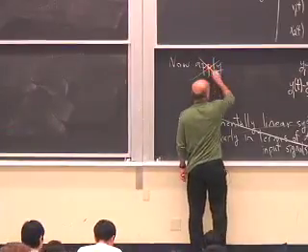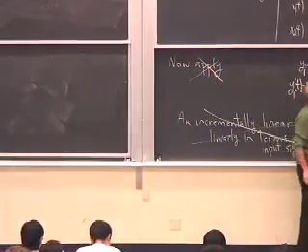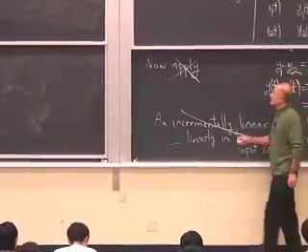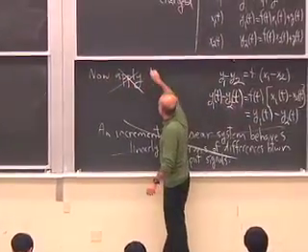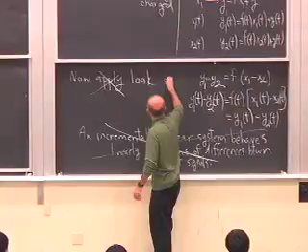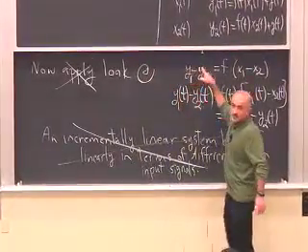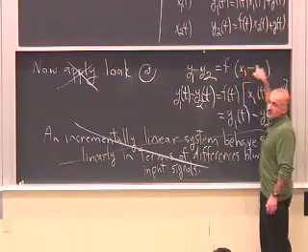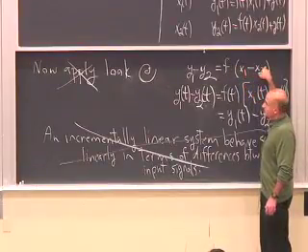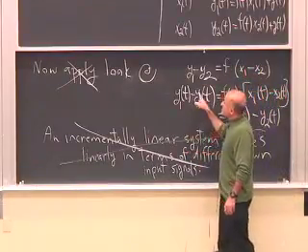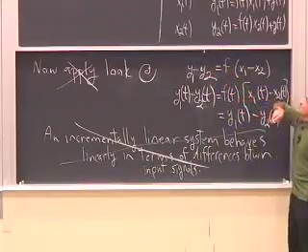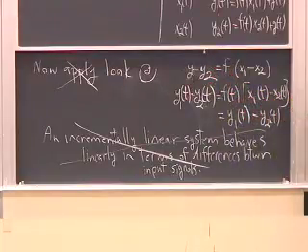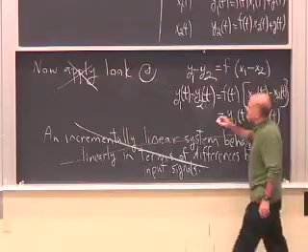So let me just clean up this act. Instead of saying now apply, say now look at. So you look at the difference between two outputs, and you see that it's a linear function of the difference between the corresponding inputs. These kinds of systems, which we've also called incrementally linear, are also called quasi-linear.